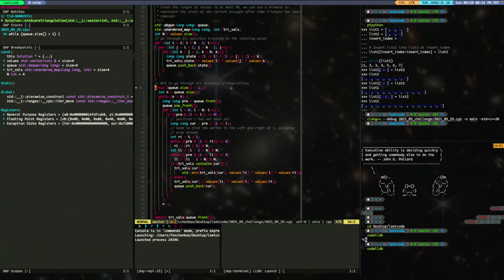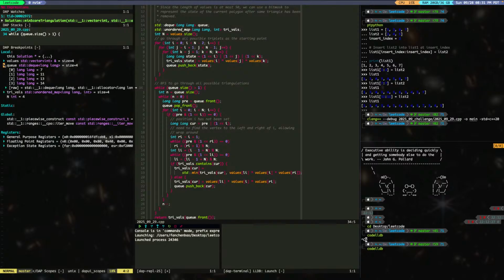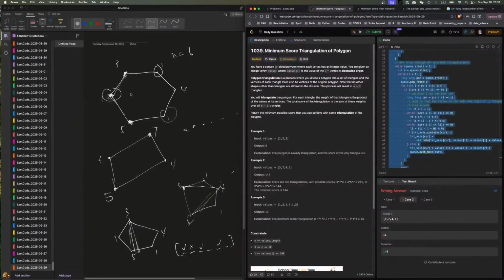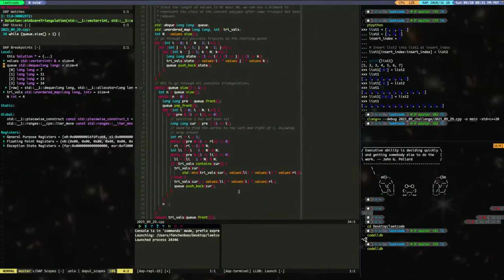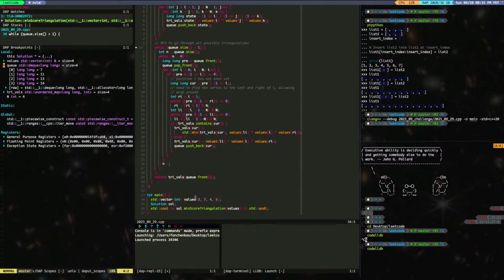All right, so what do we have? We have a Q. I have 4 values because I have 3, 7. So I have like 0, 1, 2. This is 0, 1, 2, right? 0, 1, 2, 0, 1, 3.